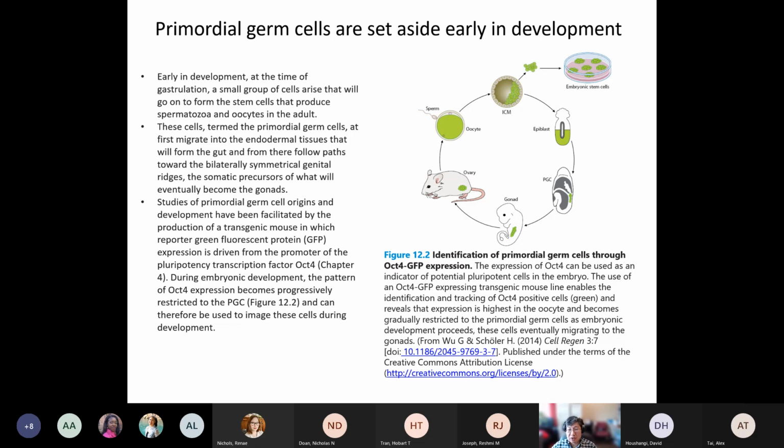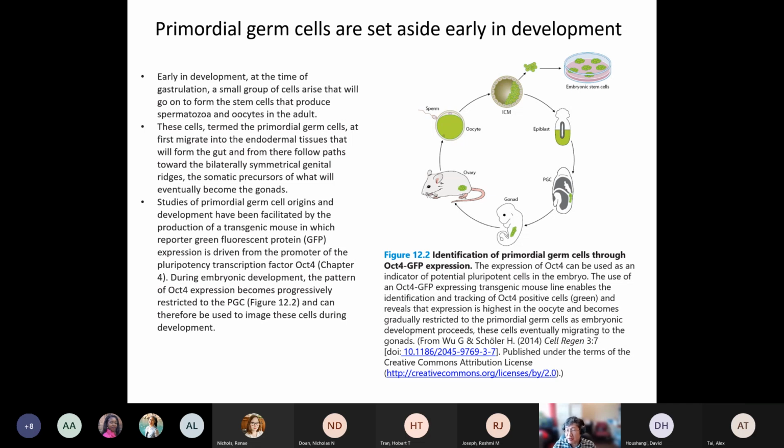This will eventually migrate, because at this stage it is a single cluster of cells, but it will move bilaterally from the side. It's bilaterally because eventually the cells will migrate toward a structure called the genital ridges. We say ridges because there are 2 genital ridges.